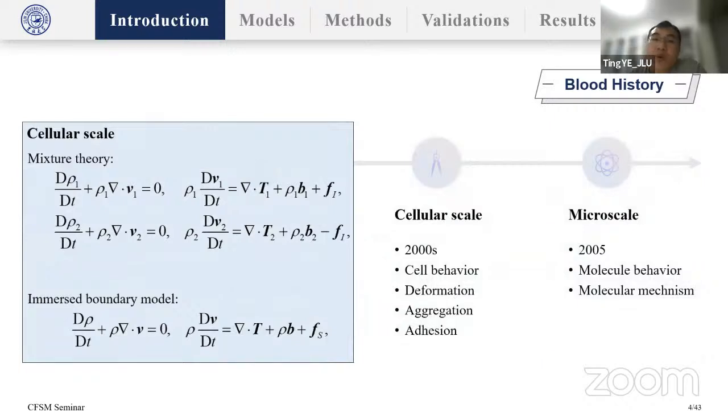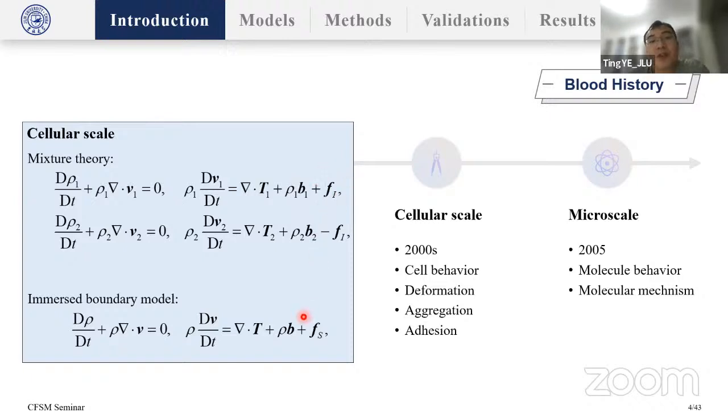At this scale, one often investigates the cell behaviors to understand the mechanism of some diseases. There are two main models, the mixture model and the immersed boundary model. The mixture model treats the plasma and the cells as two kinds of fluids, and each of them is governed by the Navier-Stokes equation. The interaction between them is described by the force Fi.